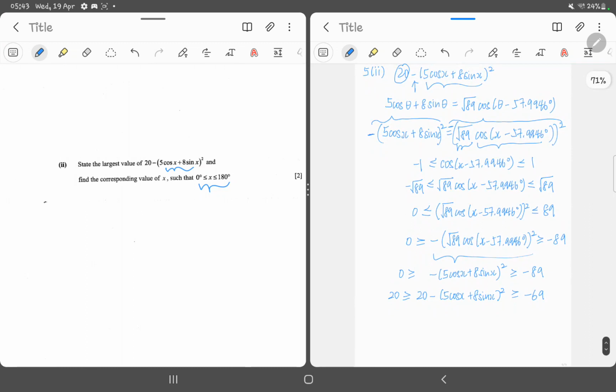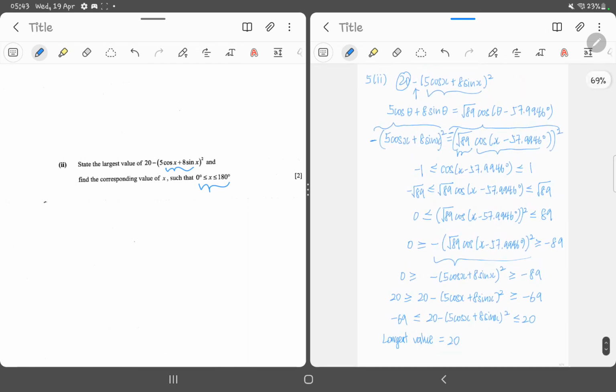Now I'm going to rewrite this inequality properly. 20 minus bracket 5 cosine x plus 8 sine x bracket square is more than or equals to minus 69 and less than or equals to 20, which means that the largest value based on this inequality is equals to 20.